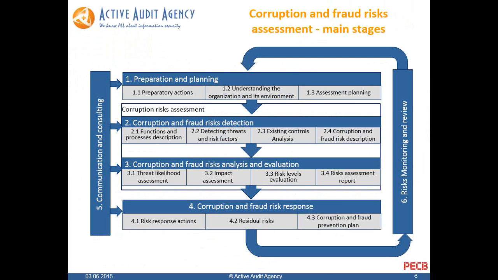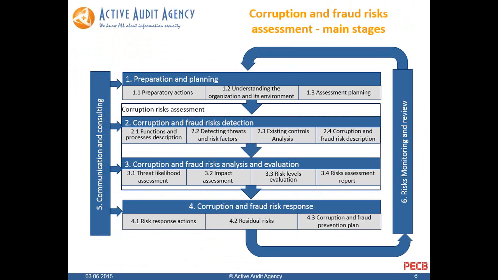So, according to the ISO 31000, corruption and fraud risk management includes 6 stages. First, preparation and planning. It's preparatory actions, understanding the organization and its environment, assessment planning. Second stage, corruption and fraud risk detection, function and process description, detecting threats and risk factors, existing control analysis, and risk description.